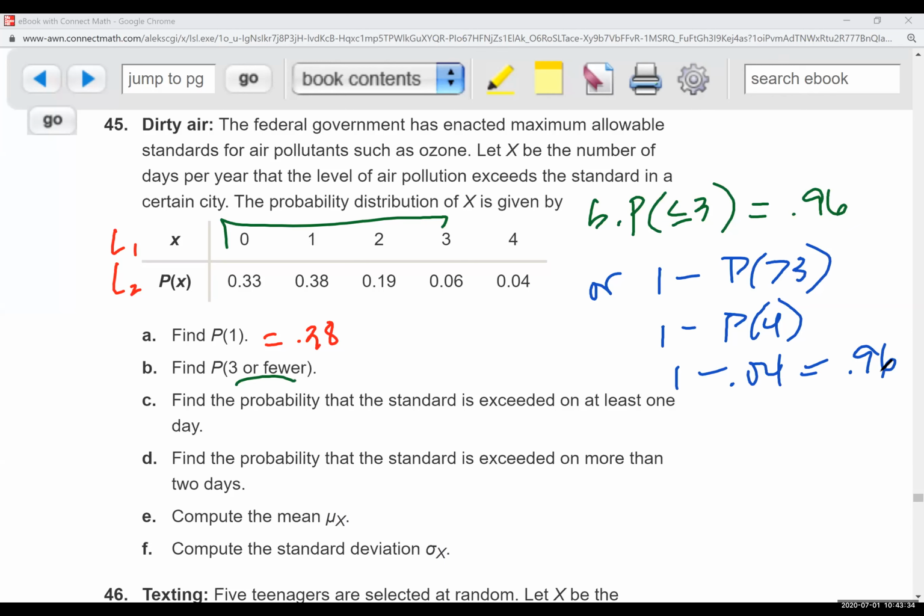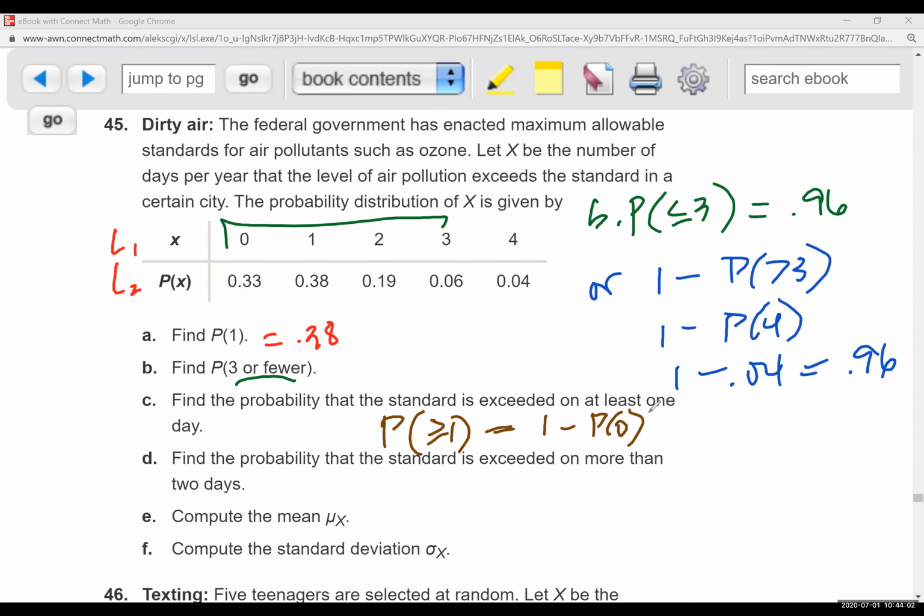How about letter C? At least one day. At least 1 is, again, greater than or equal to 1. Remember, at least 1, we get this 1 minus the probability of 0.